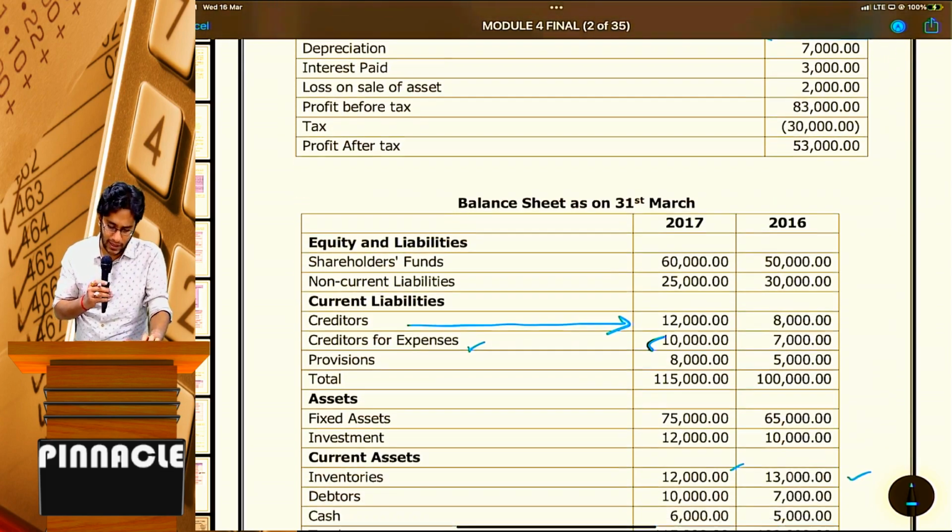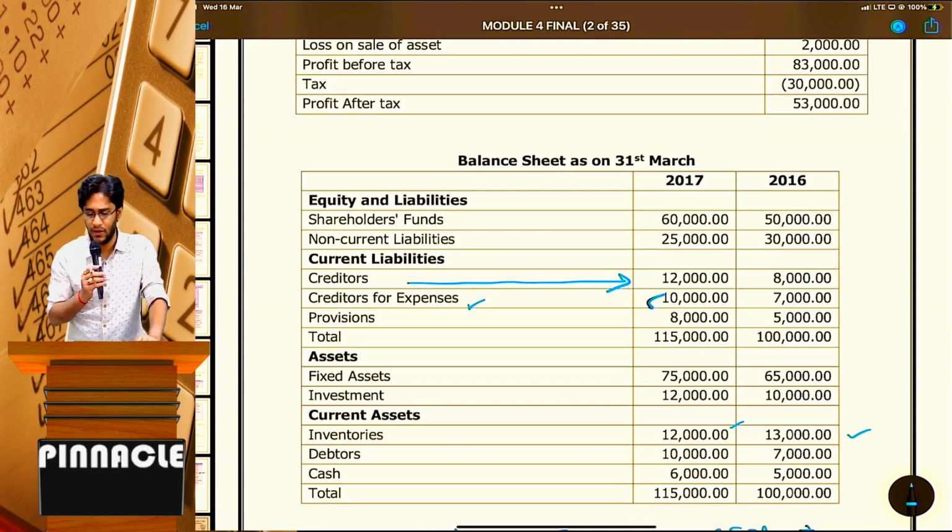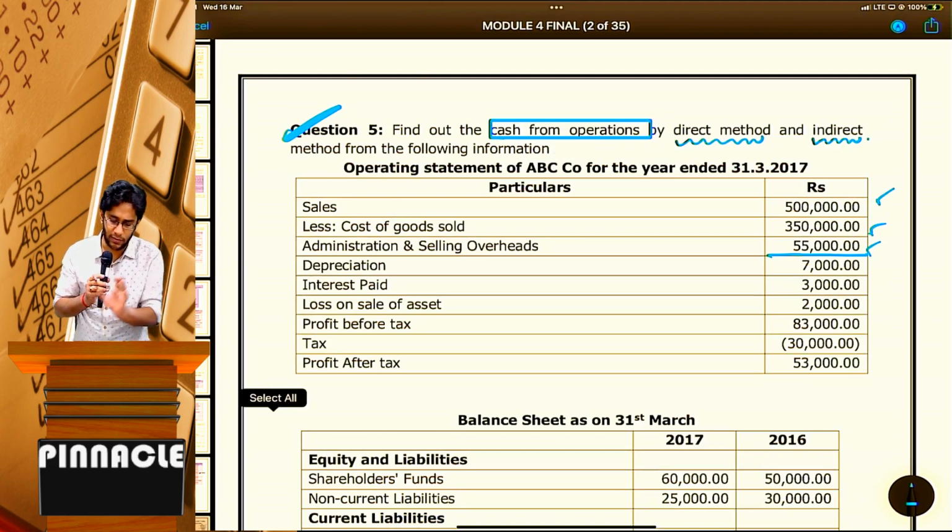So if you look into your balance sheet, on the liability side nowhere there is a tax provision, sir. Normal provisions is there, but tax provision is not there. Since tax provision is not there, we have to presume that whatever provision for tax you have created in your P&L account, that entirely is paid off. Because if that was not paid, that would definitely appear in your balance sheet as provision for tax.